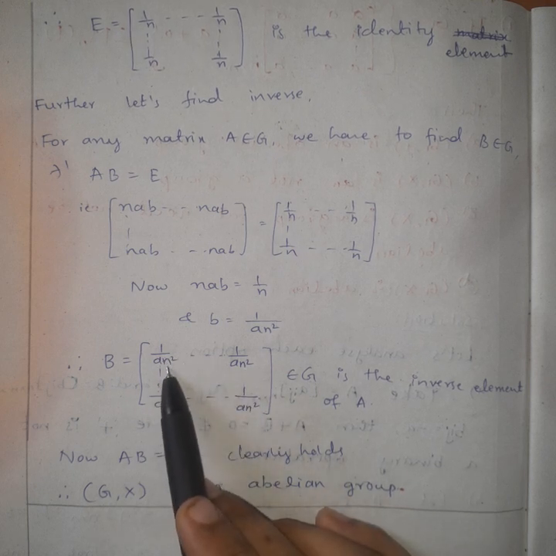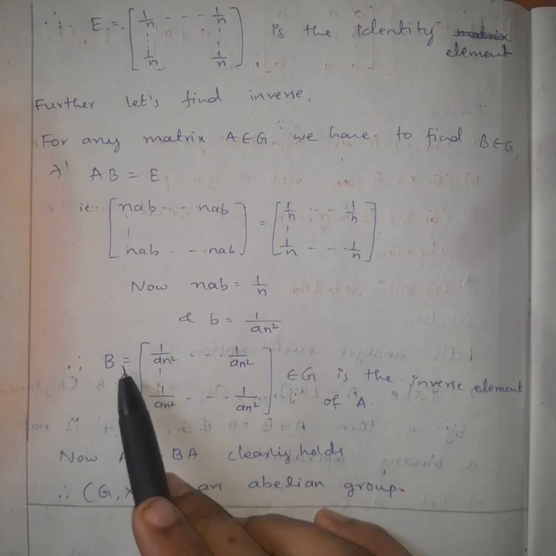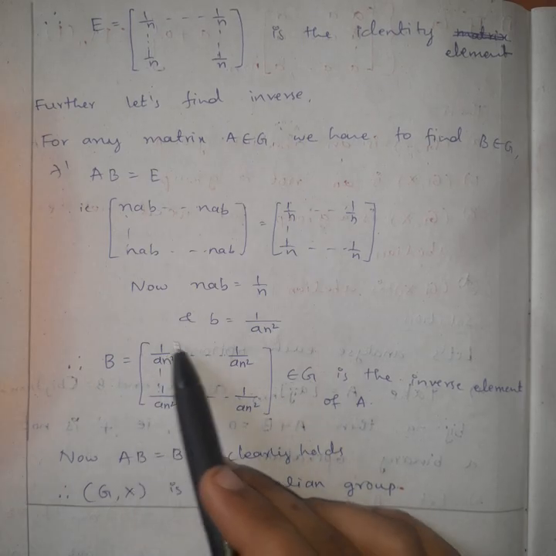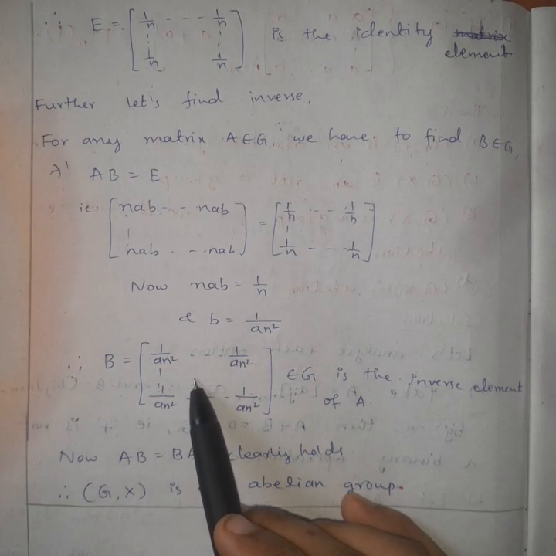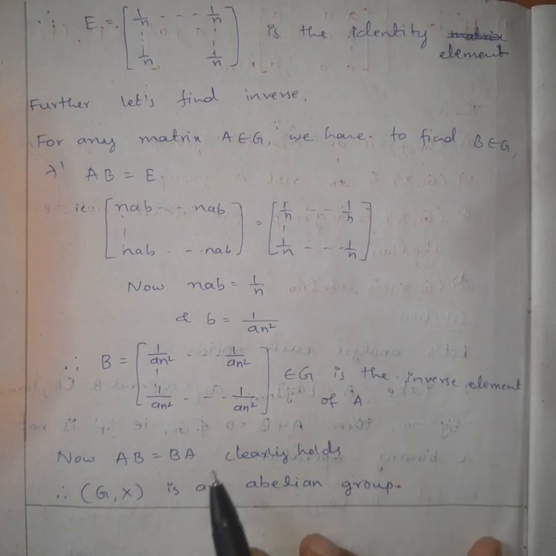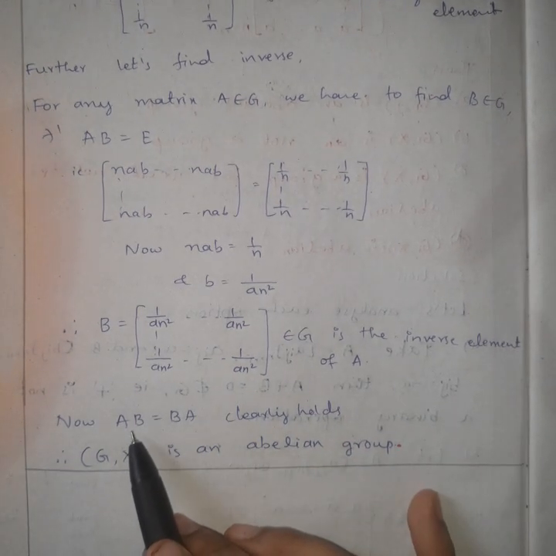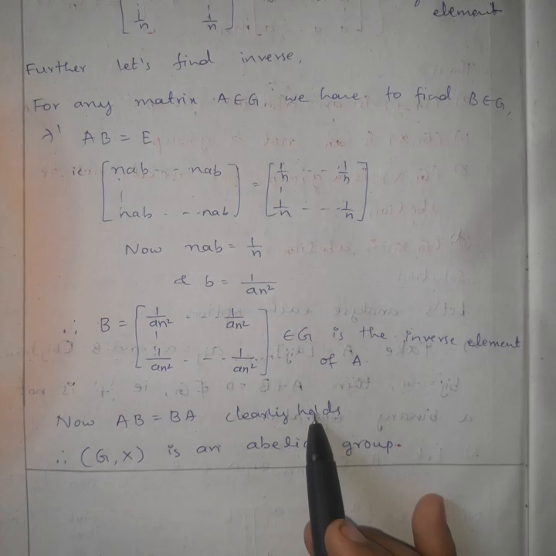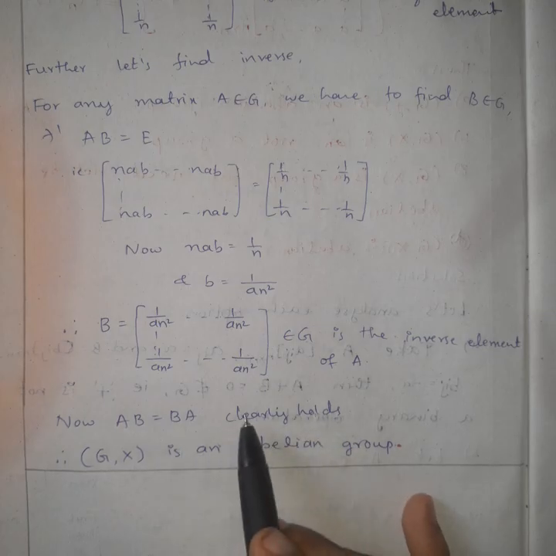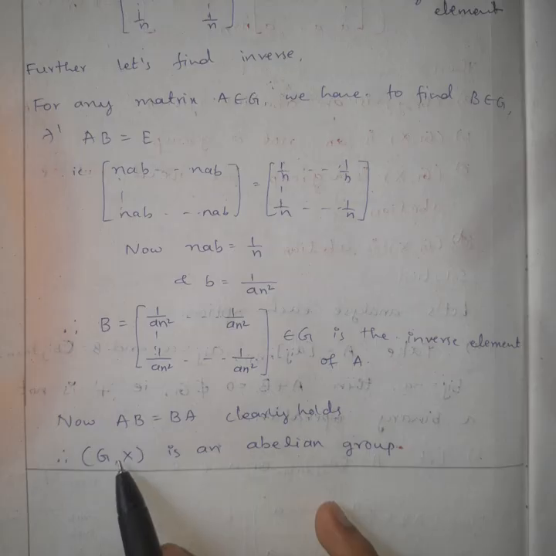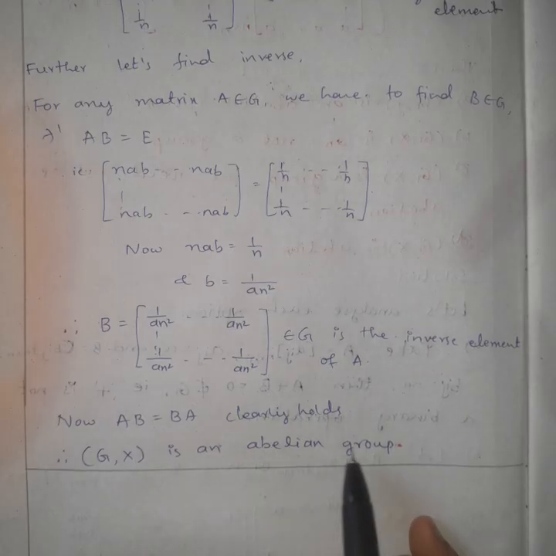Also this 1 by n squared a is not equal to 0. So clearly this B belongs to G. Hence this acts as the inverse element. Also further, AB equal to BA clearly holds. Hence it is a commutative multiplicative group. Therefore the set G with respect to multiplication operation is an abelian group.